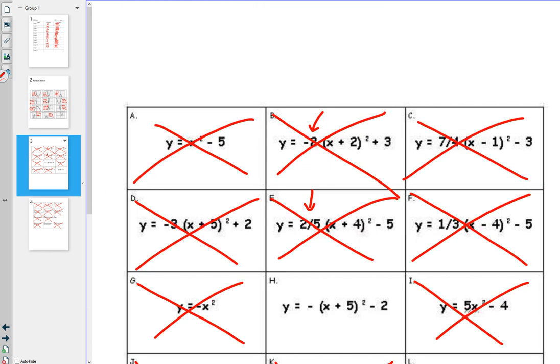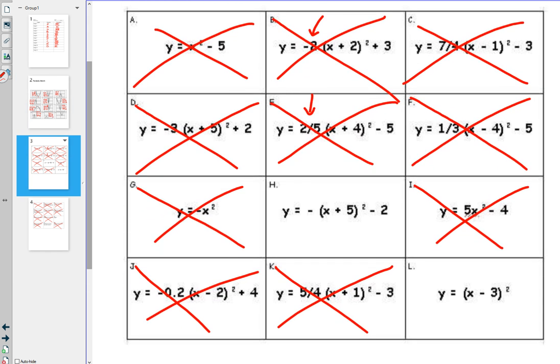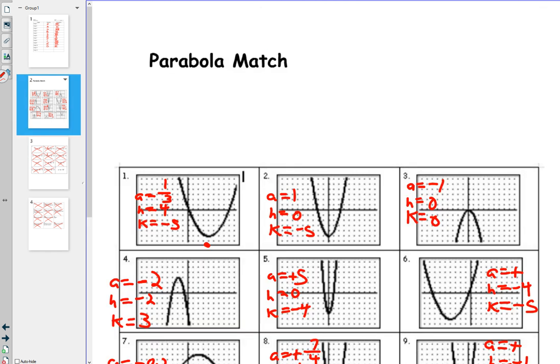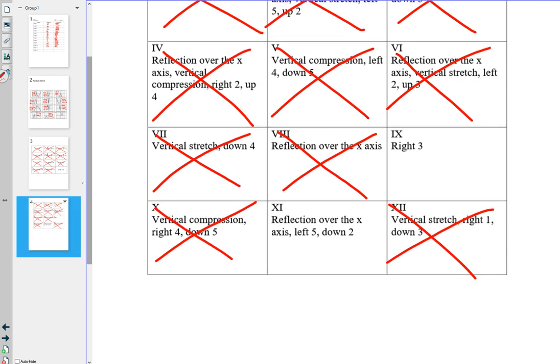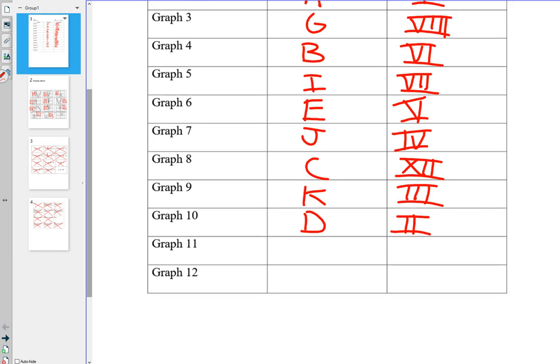So that's going to have to be H. So H goes with 11. Sounds good. And then by process of elimination, L was left, right? What does L go with? 9.